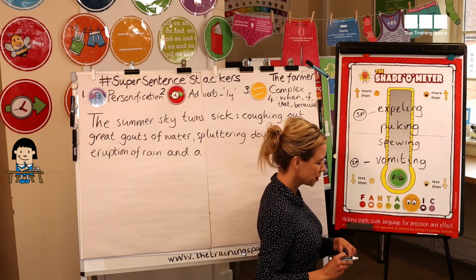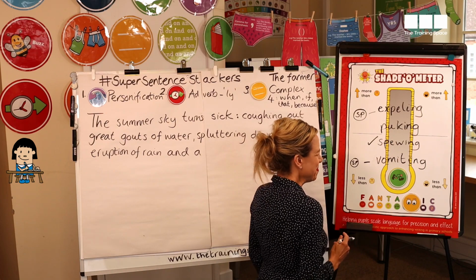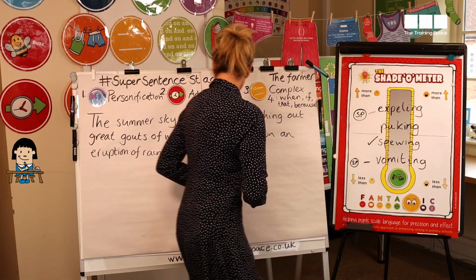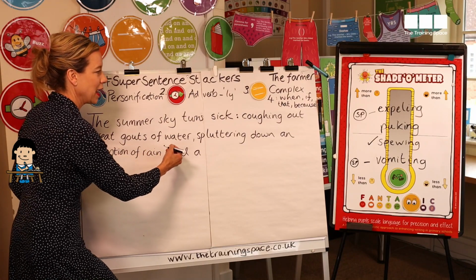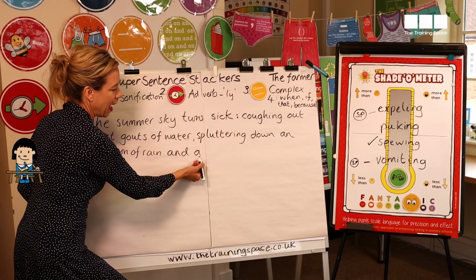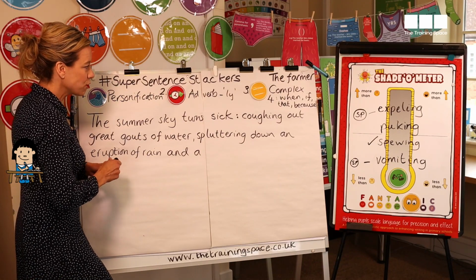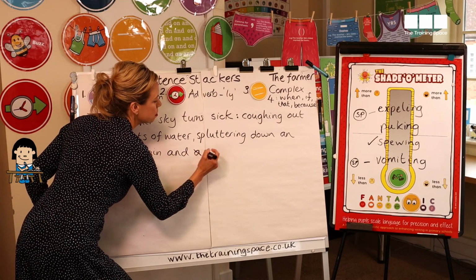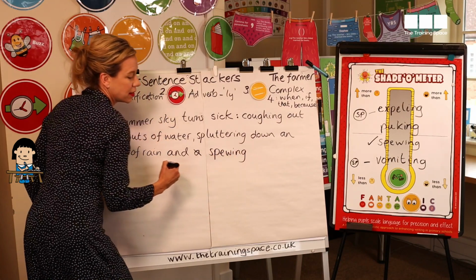Actually, of those, I really do like spewing. So I'm going to use that one, I think. Spluttering down, an eruption of rain, and I'm going to do a live edit now because I don't need that A. Spluttering down and spewing, probably needs to have out with it, doesn't it?